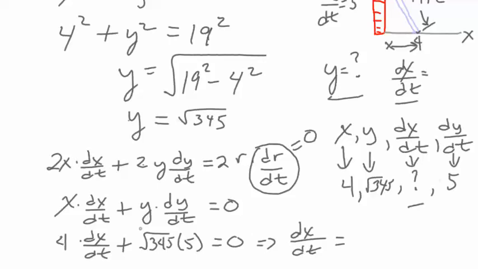I see an issue here. Okay, this distance right here coming down the wall, something I forgot to tell you is the dy over dt, this rate is going to end up being negative.